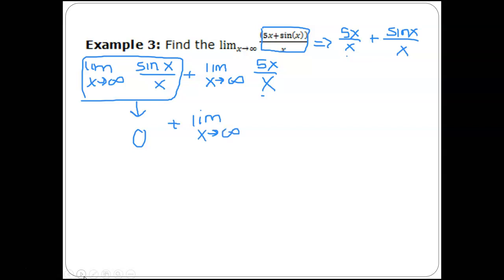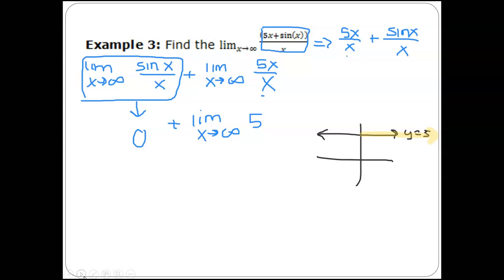Plus, say the limit as x approaches infinity of 5. If you have a graph of a line that's the constant 5, as you go out to infinity on x, what's this approaching as x is getting big?